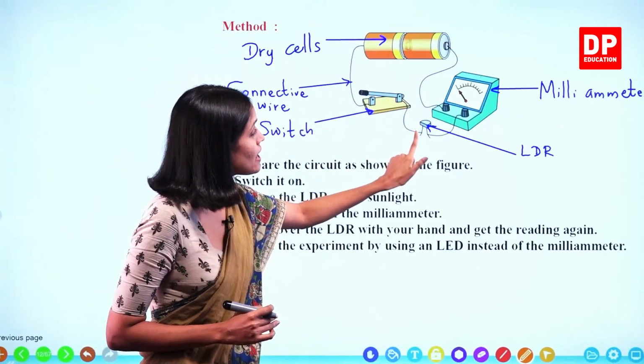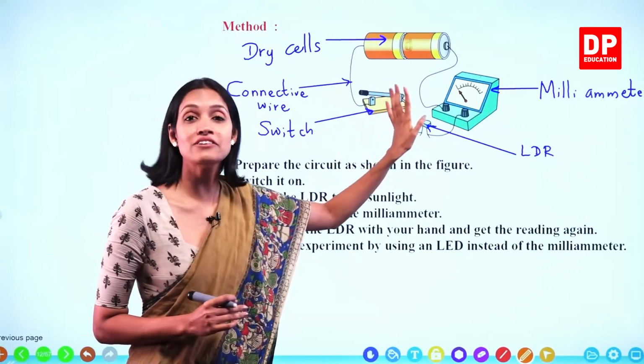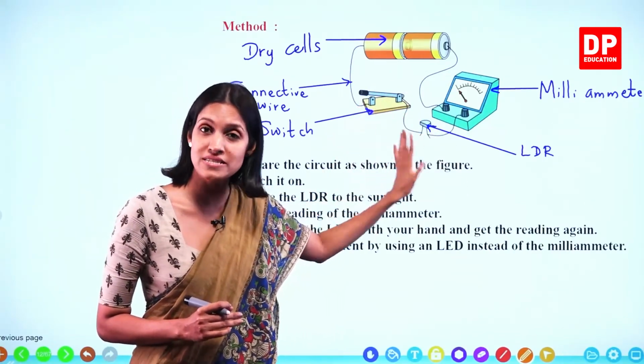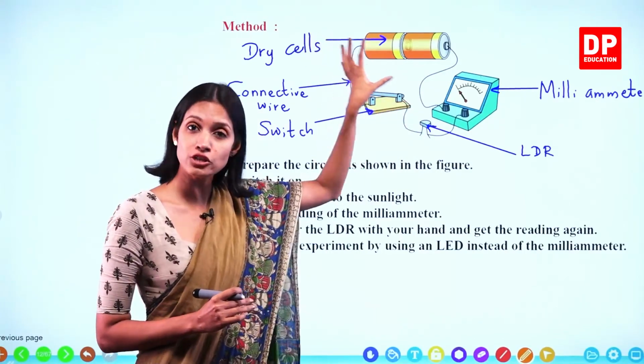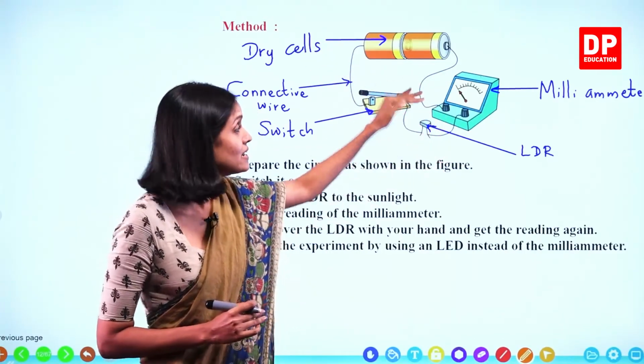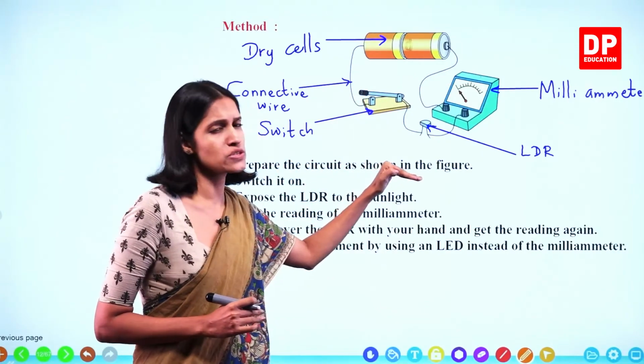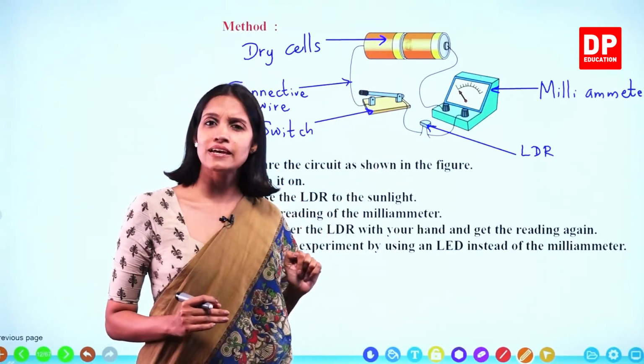So LDR means light dependent resistor. It is a type of resistor. So what happens to the resistance when we direct torchlight onto it, children? The resistance reduces.